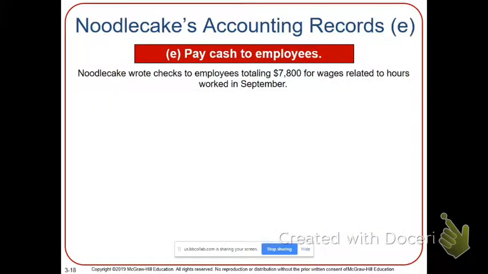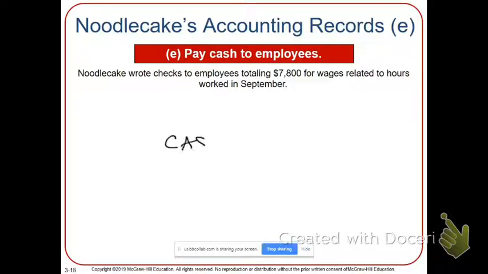All right. Now, Noodle Cake wrote checks to employees for $7,800 for wages related to hours worked in September. What do you think? Cash would be, that should be credit, yeah.